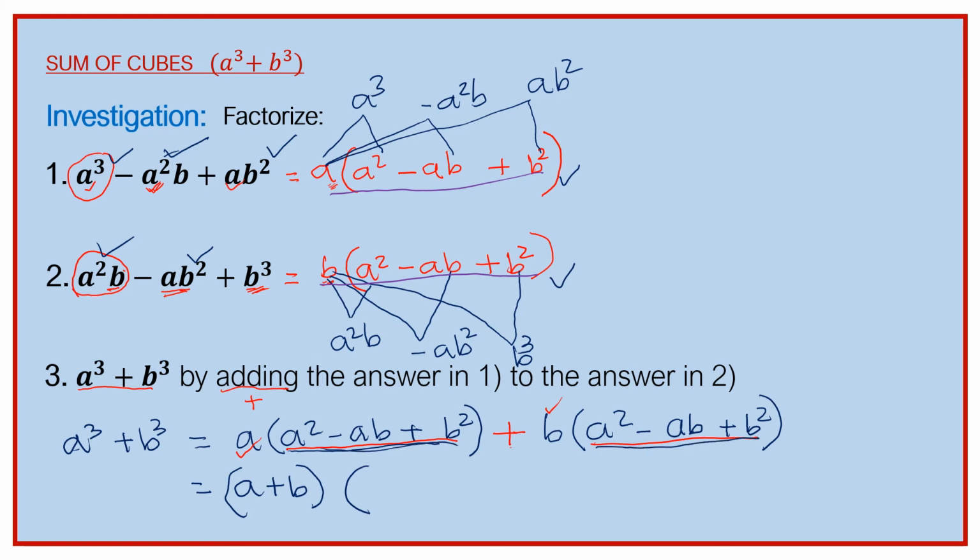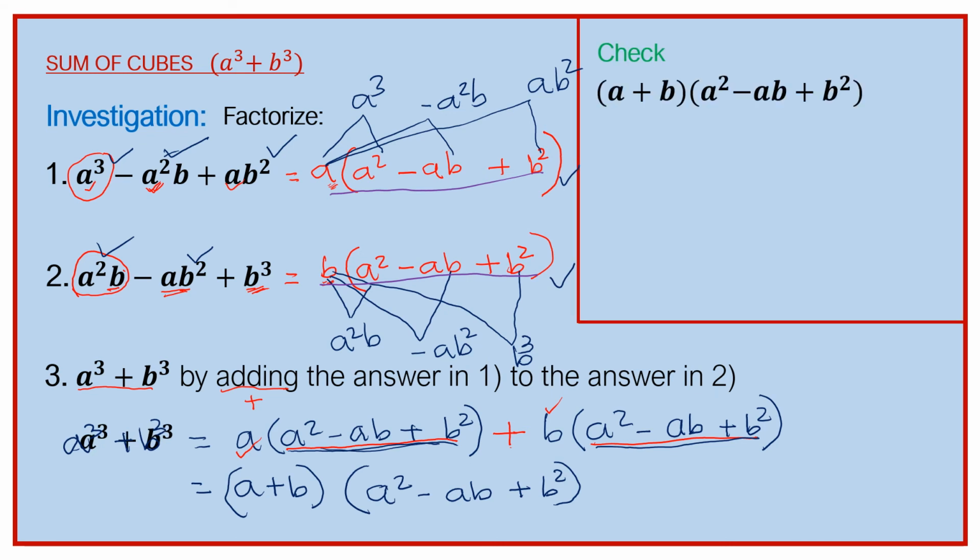So into a squared minus ab plus b squared. So that becomes what we call the sum of cubes. However, we can check. If I have a plus b into a squared minus ab plus b squared, do I get a cubed plus b cubed? Yes or no? Let us check.